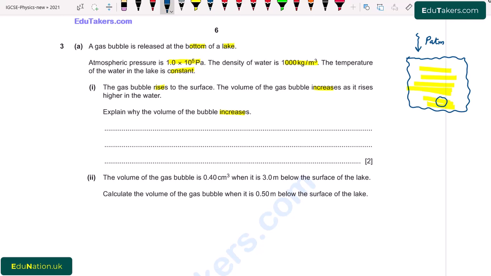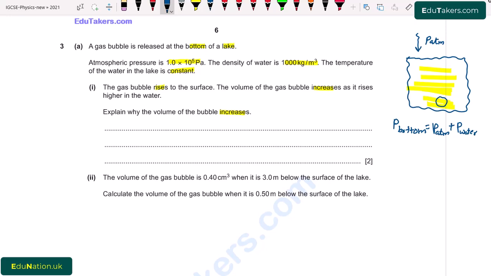So I write here the pressure on this air bubble when it is at the bottom of the lake is the sum of atmospheric pressure and the pressure of water. So total pressure at bottom will be equal to atmospheric pressure plus pressure of water.